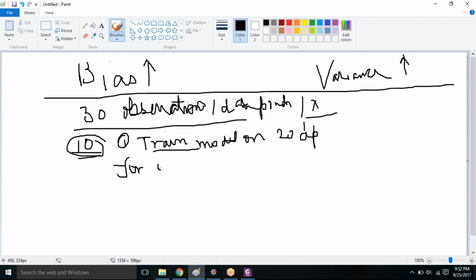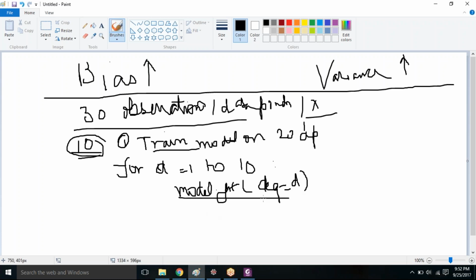Now in a loop from degree 1 to 10, I will train the model. So model.fit, and I will pass the degree equal to d. So the first time I will fit it with 1, then 2, then 3.